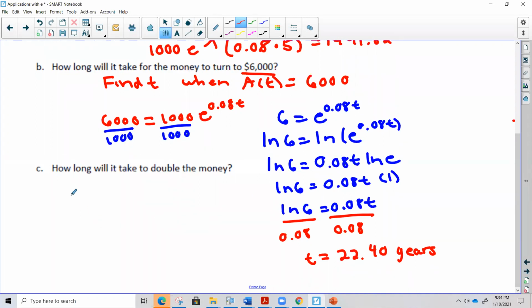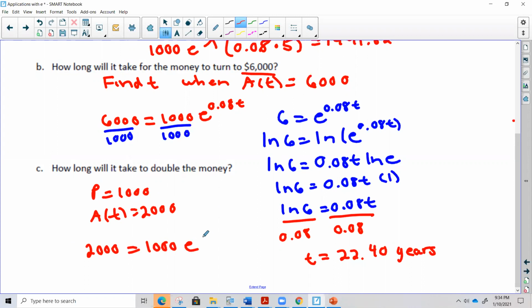Okay, so one more. How long will it take to double the money? So we're assuming that, back to A, our principal again is 1,000. So double would mean A of t is 2 times that, which is 2,000. And so we're going to do it the same way that we did part b, but we're going to plug 2,000 in for A of t.